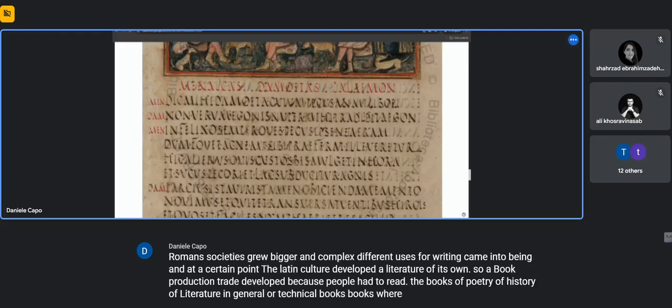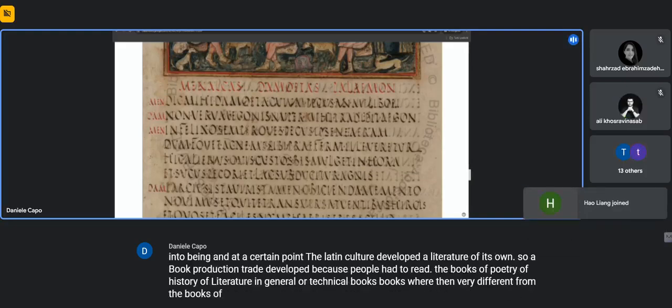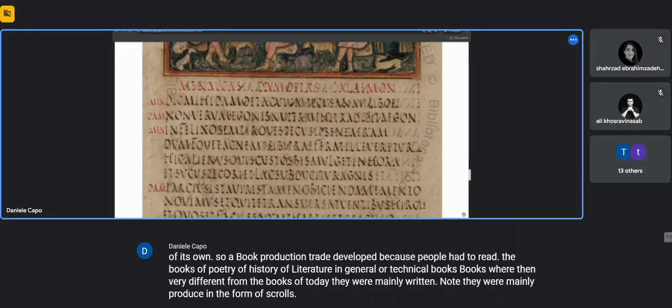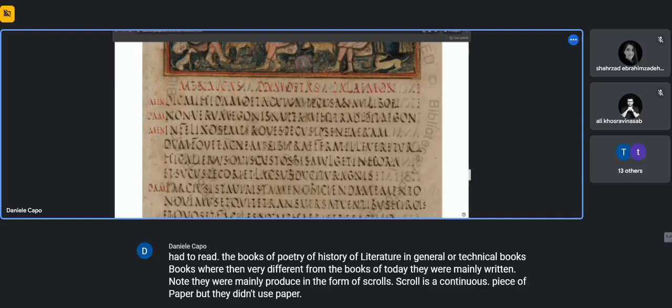Books were then very different from the books of today. They were mainly produced in the form of scrolls. A scroll is a continuous piece of paper, but they didn't use paper.